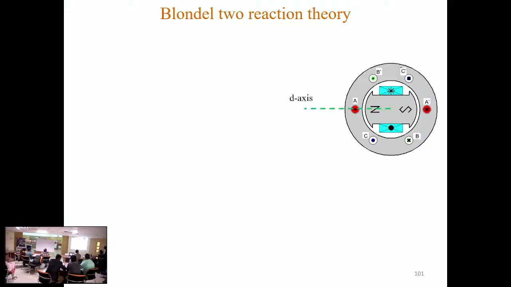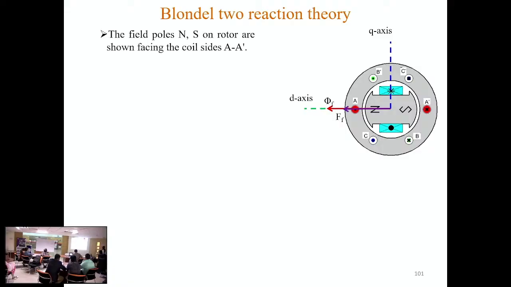First of all, this is the d axis along this north pole, or the pole axis, and along this direction is the interpolar or the q axis. Along this d axis, the field MMF will be there, that is FF, and the corresponding flux phasor phi f, considering no saturation, with the field poles N S on the rotor facing the coil sides A and A dash.